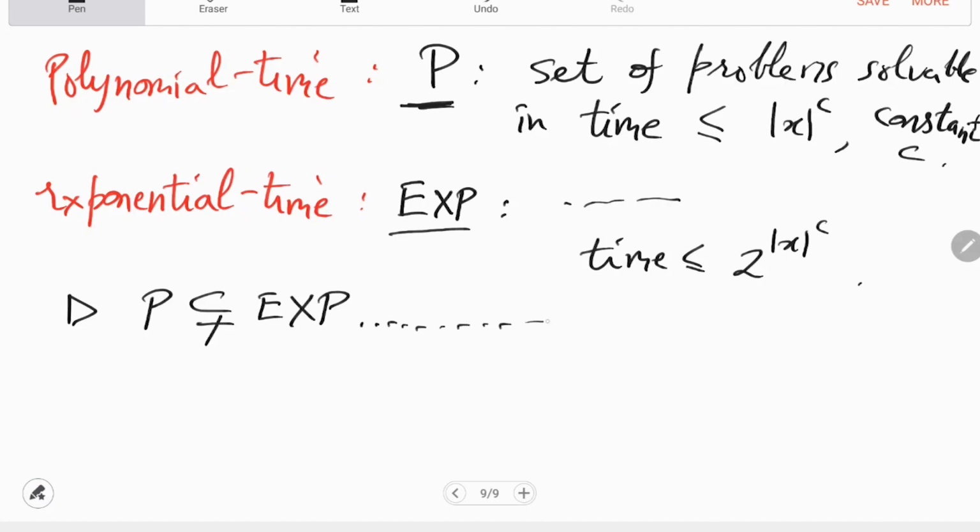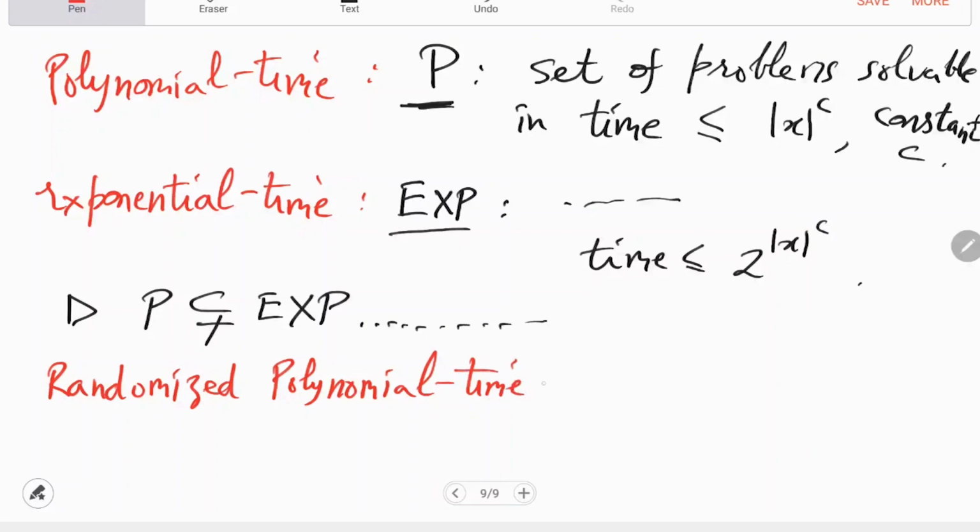One more complexity class, or way to compute, is needed in this course, that is randomized algorithms. So randomized polynomial time. What is a randomized Turing machine, a probabilistic Turing machine?